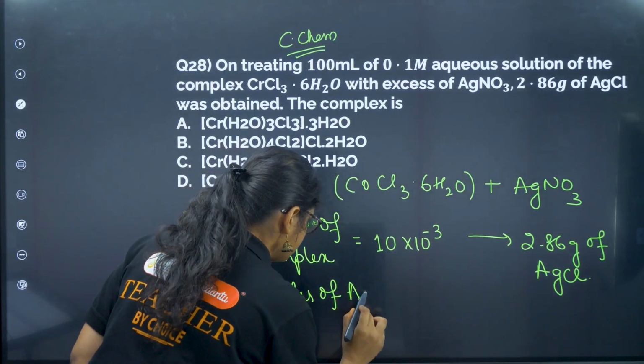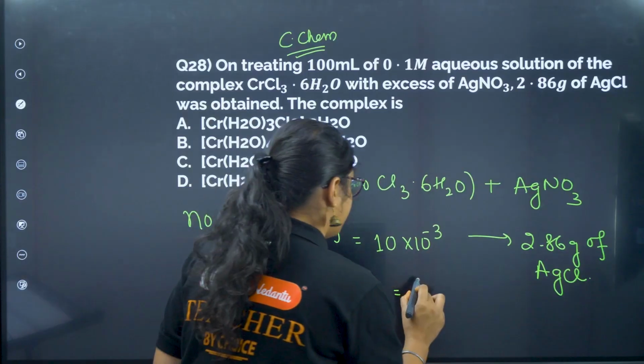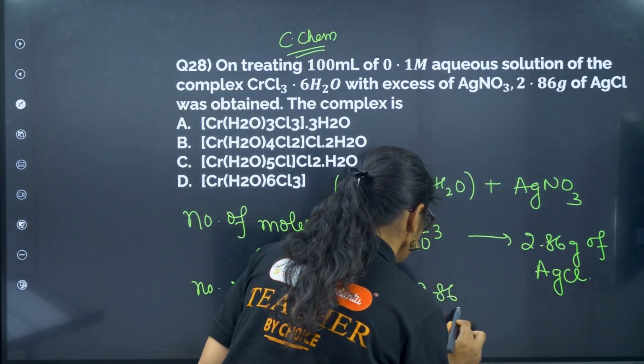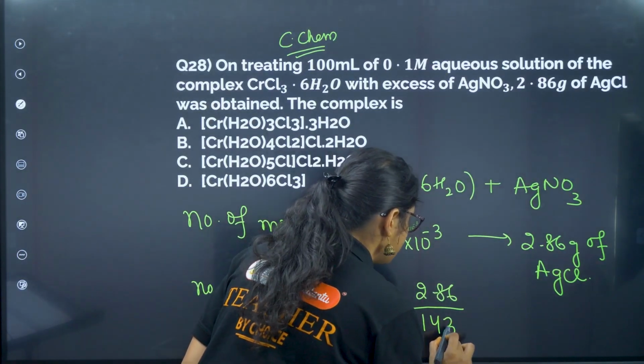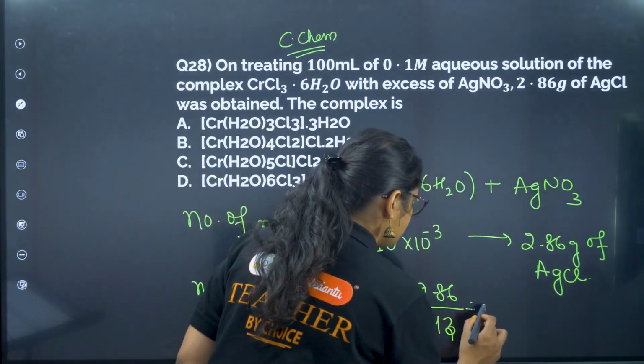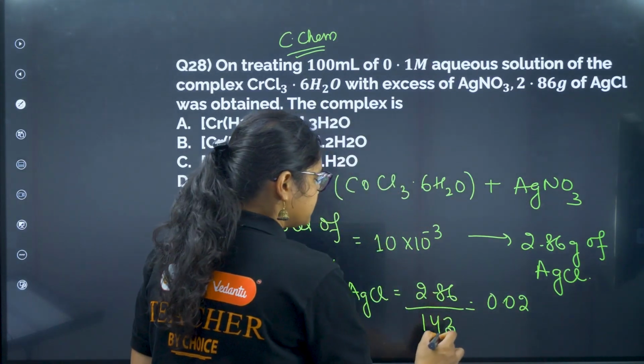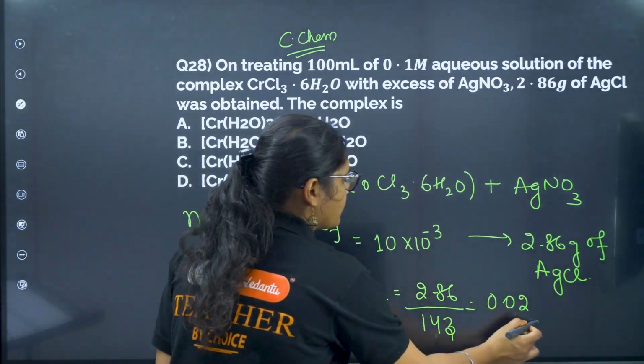The given mass is 2.86, and the molar mass of AgCl is around 143. So it is around 0.02. 2 3s are 6, 2 4s are 8, and 2 1s are 2, so 0.02.